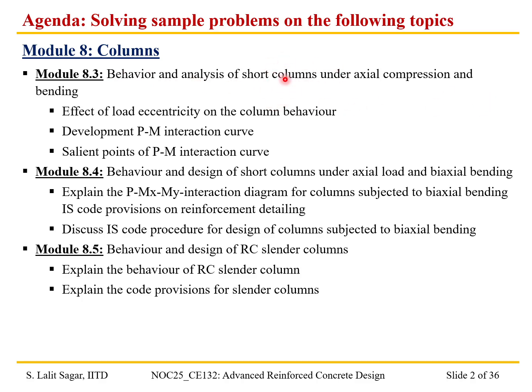Whether a column is short or slender is determined based on the slenderness ratio. IS 456 prescribes a certain threshold. If the slenderness ratio is below a certain limit, it is classified as a short column, or else it is classified as a slender column.